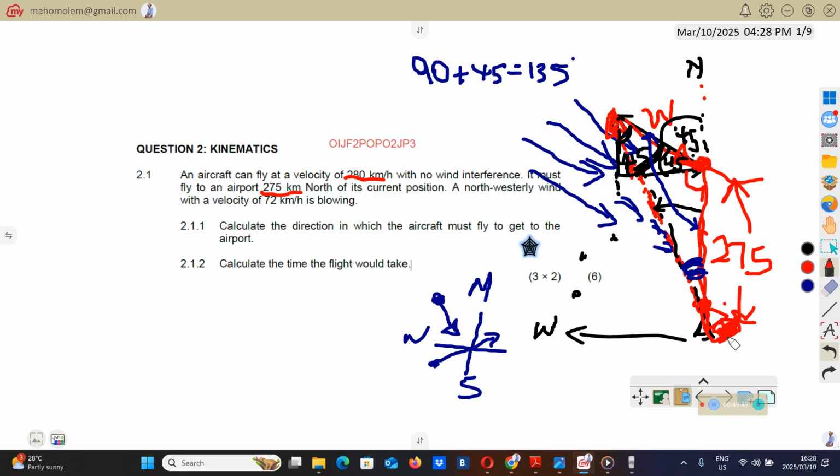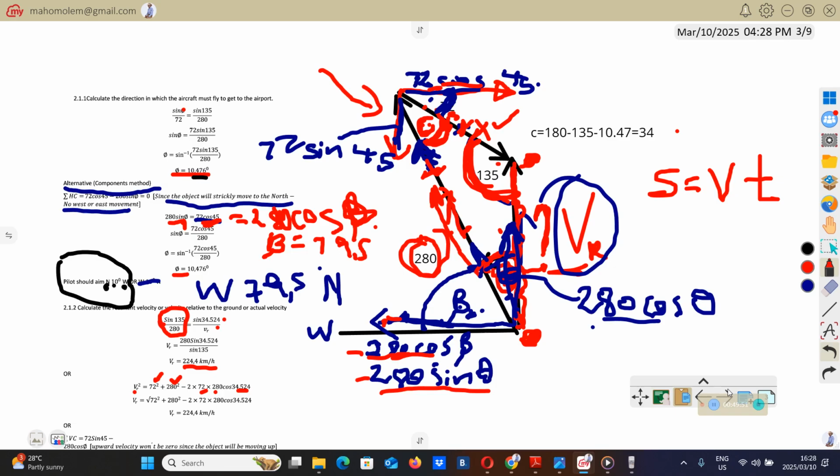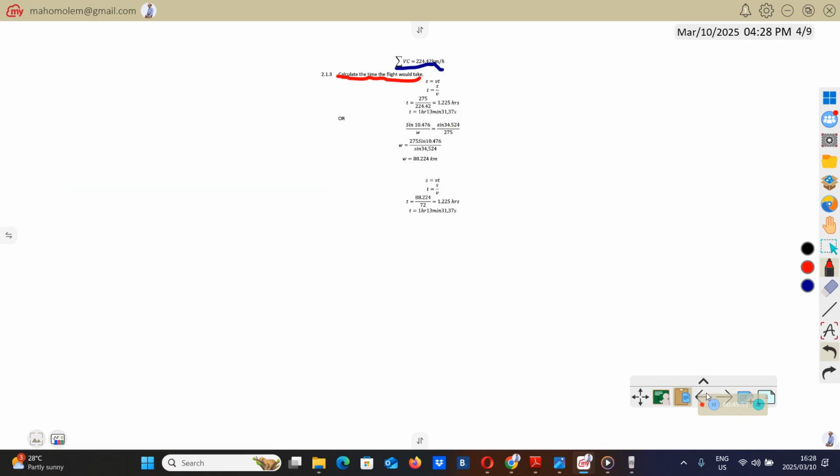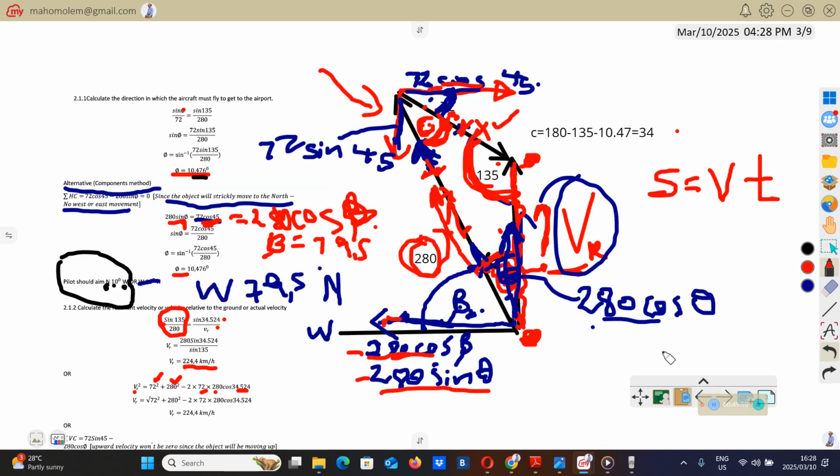So now, since we know the distance from here to there, which is 275, then we also know the vertical speed or the actual speed from here to there is 224. So we know the distance, we know the speed, we can find the time.